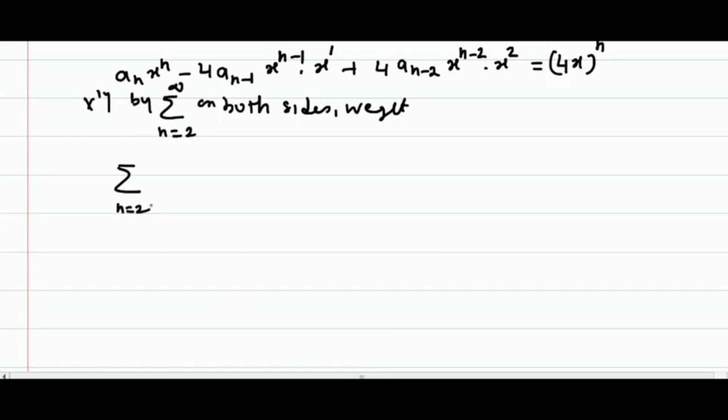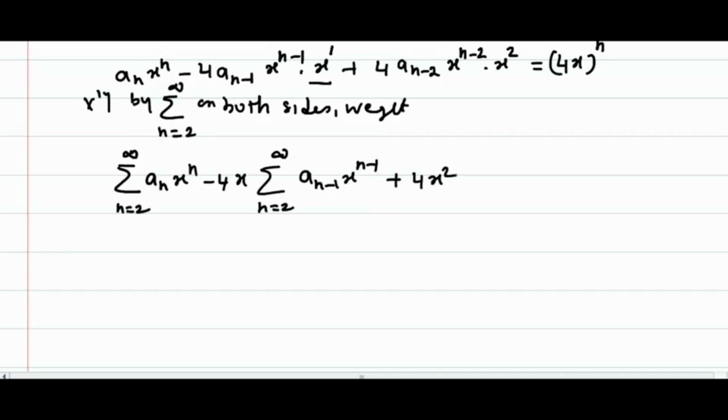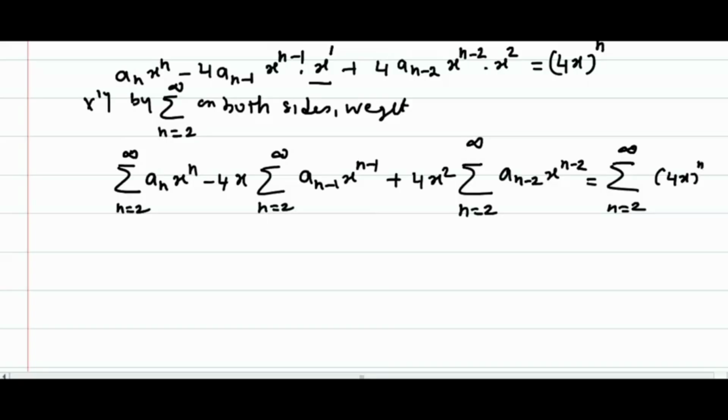If we multiply summation on both sides, we get summation n = 2 to infinity a_n x^n, minus 4x, as x is constant take outside, so 4x into summation n = 2 to infinity a_{n-1} x^{n-1}, plus 4x^2, as x^2 is constant take outside, summation n = 2 to infinity a_{n-2} x^{n-2}, equal to summation n = 2 to infinity (4x)^n.